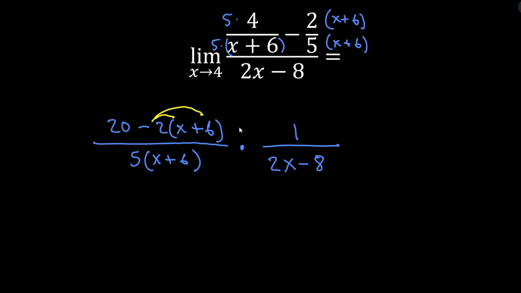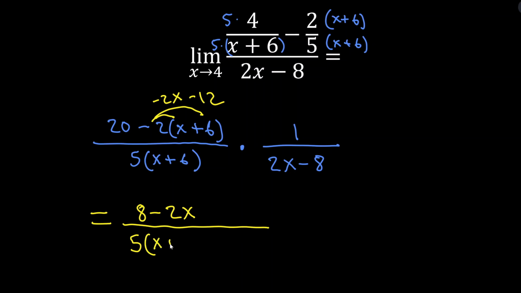I can just write it here, because I want to have enough room. So I'm having to be creative here. So I have 20 minus 2x minus 12, which is 8 minus 2x. Oh, amazing. That's what's in the numerator, times 1, so that's chilling. And then the denominator, we have 5 times x plus 6 times 2x minus 8.